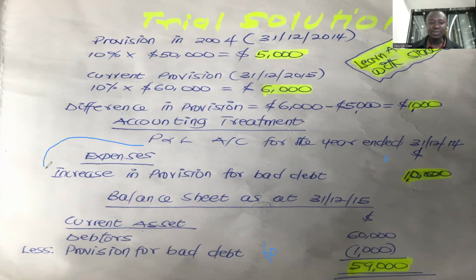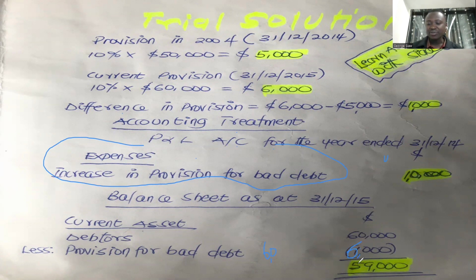So it's an increase in provision for bad debts. And then the new provision, which is 6,000, because it was 5,000 and now it's 6,000. So there is a mistake here. We less the new provision of 6,000 from the 60,000.